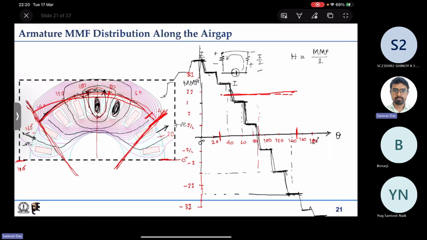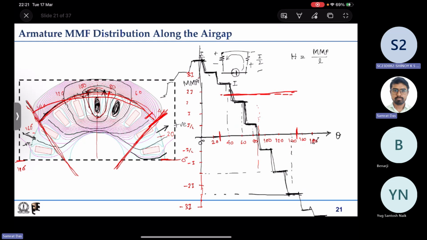If you do the same thing on the bottom side, there you will have the current polarities negative, and there you will have its effect, whatever it may be. Actually, sir, if we consider the upper half alone, then around 0 degree the whole thing will come up.